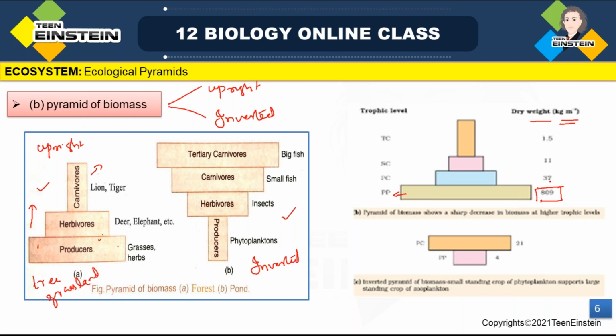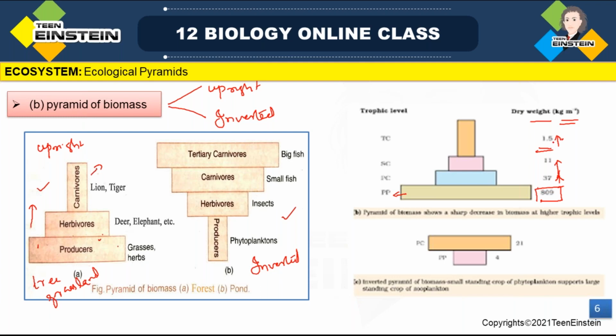When it is moving to primary consumers, it is 37, and to secondary consumers it is 11, and when reaching the level of tertiary consumers, it is 1.5. So when it is reaching the top level, it is getting decreased. Got it? In the upright one.